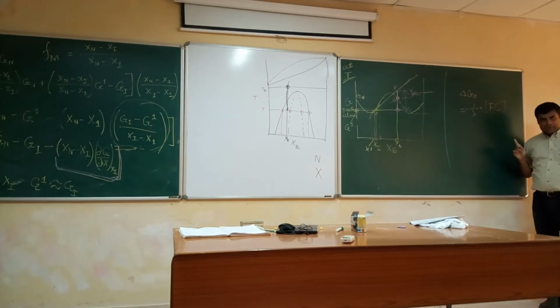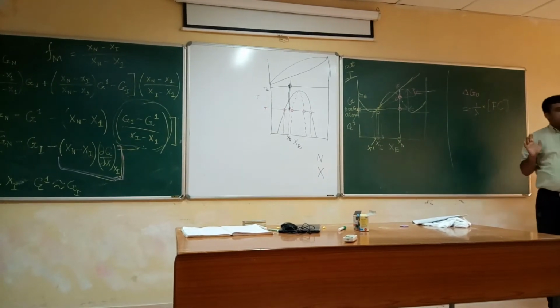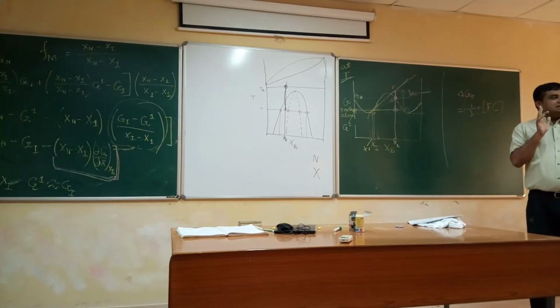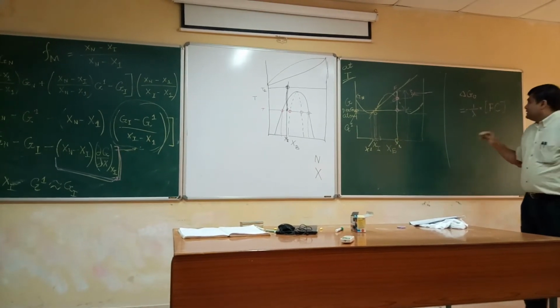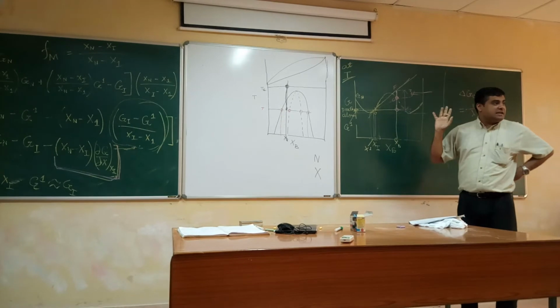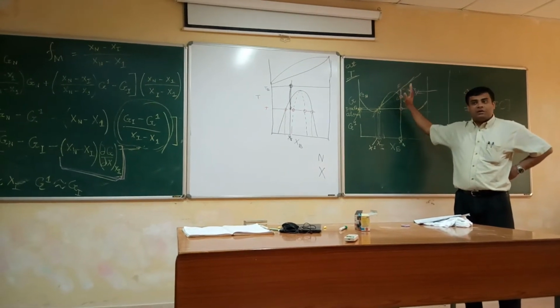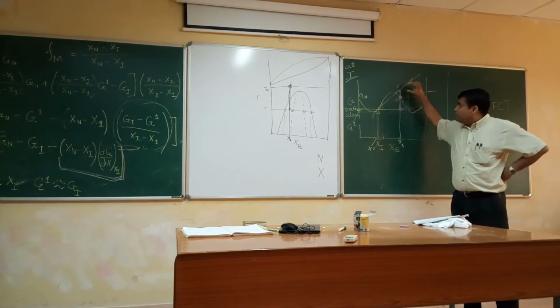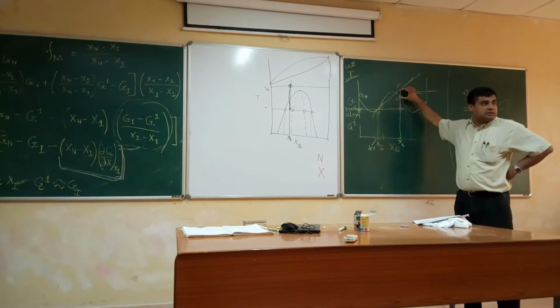Okay. So this delta GV is negative for this case of what we have drawn. Negative of this distance.